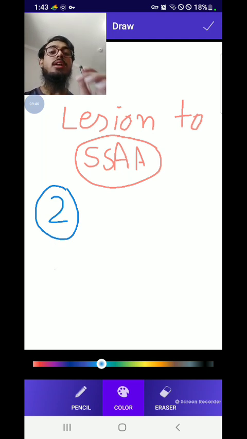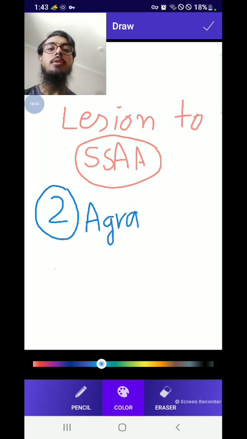So what is the clinical name of this type of lesion in the somatosensory association area?